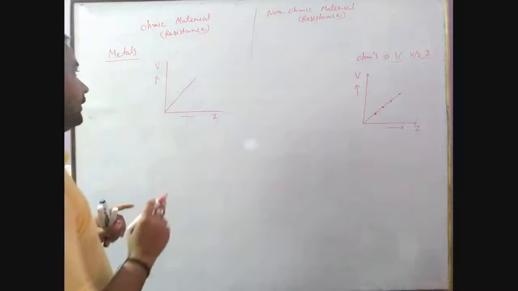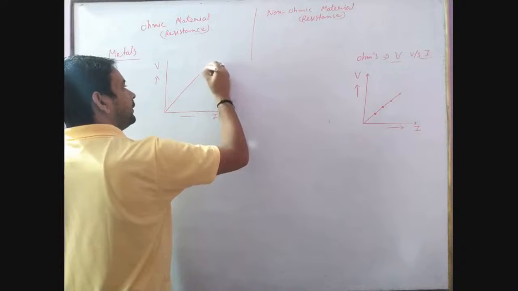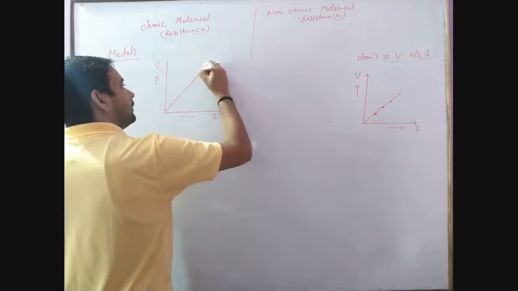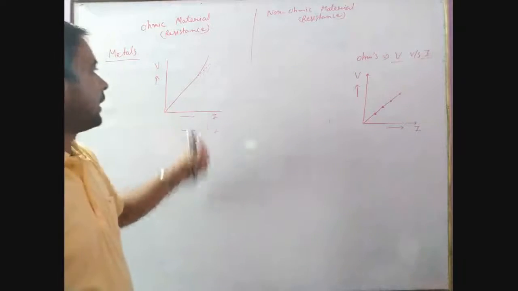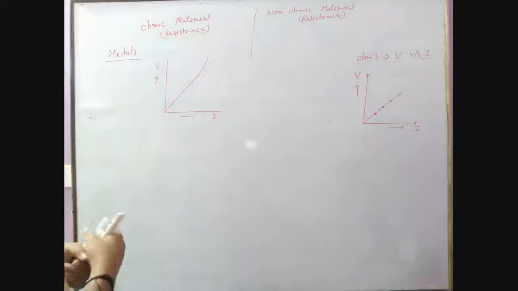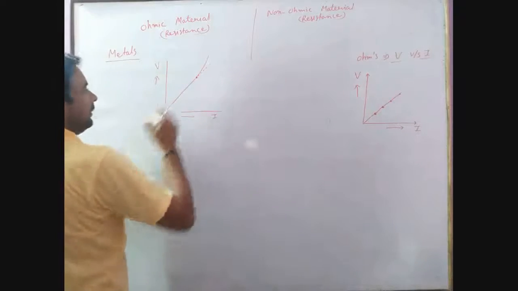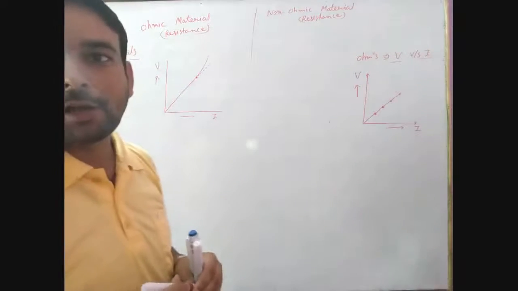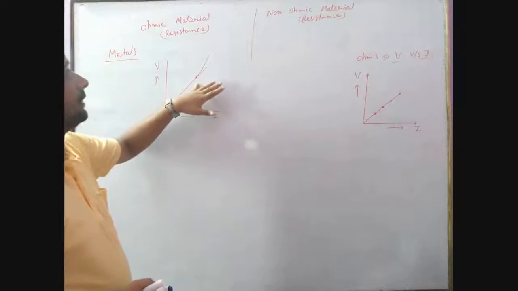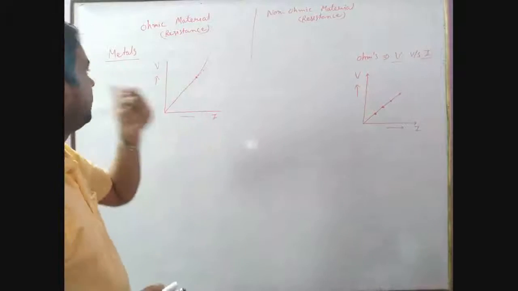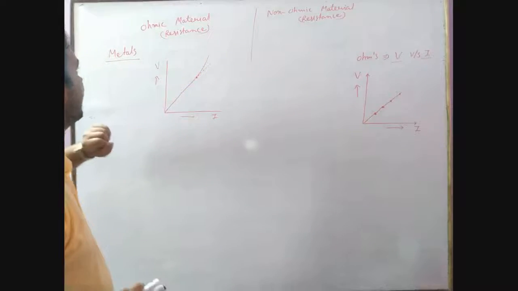When the current is increased, the value of current increase is not following Ohm's law. So till this point the metal or conductor follows Ohm's law, and at high temperature it deviates from this nature.